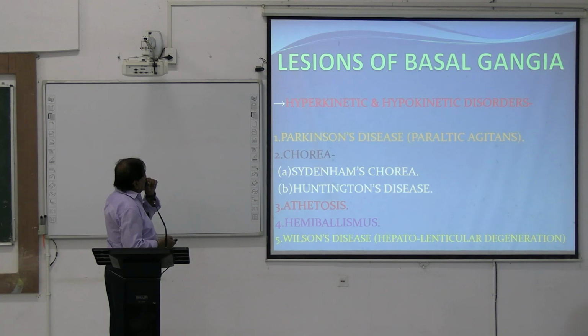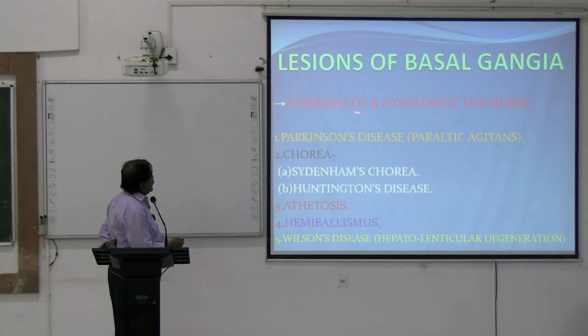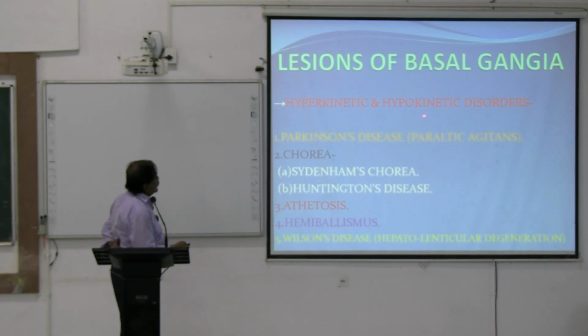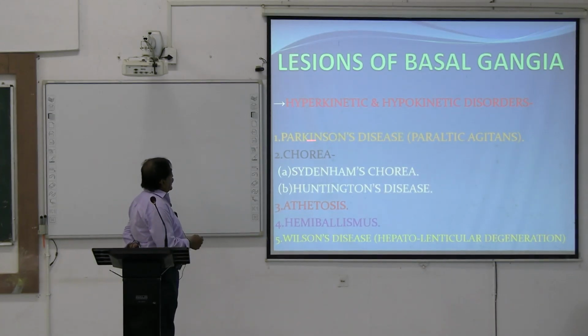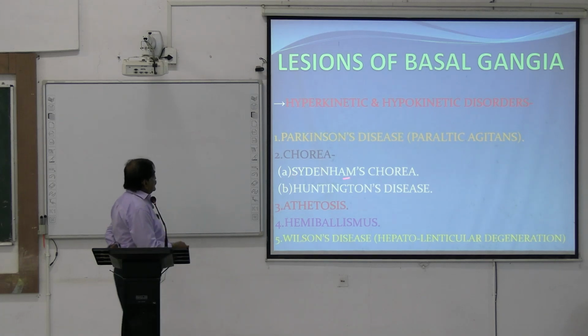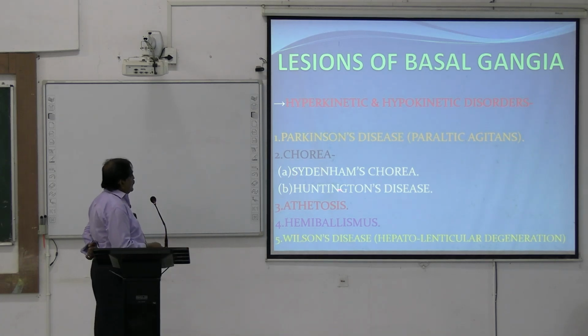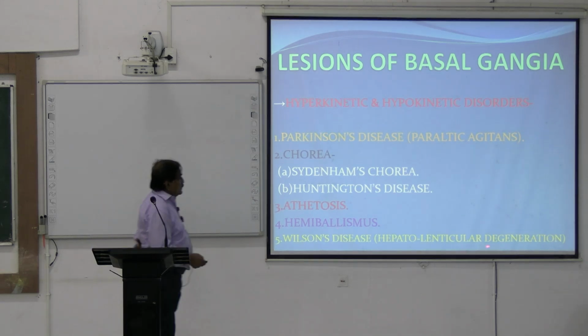Lesions of basal ganglia: hyperkinetic and hypokinetic disorders, Parkinson's disease, paralysis agitans, chorea, Sydenham's chorea and Huntington's disease, athetosis, hemiballismus, Wilson's disease, hepatolenticular degeneration.